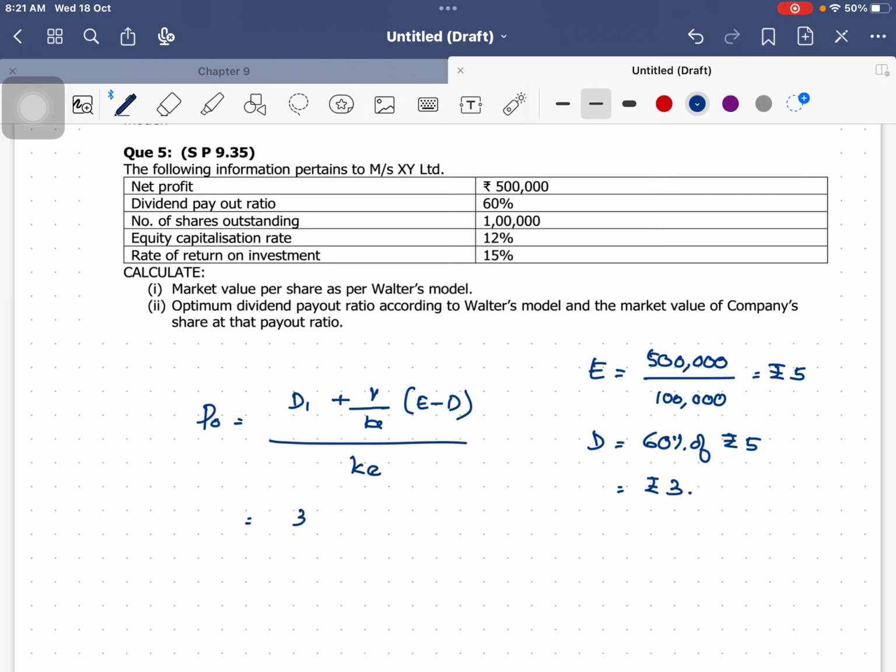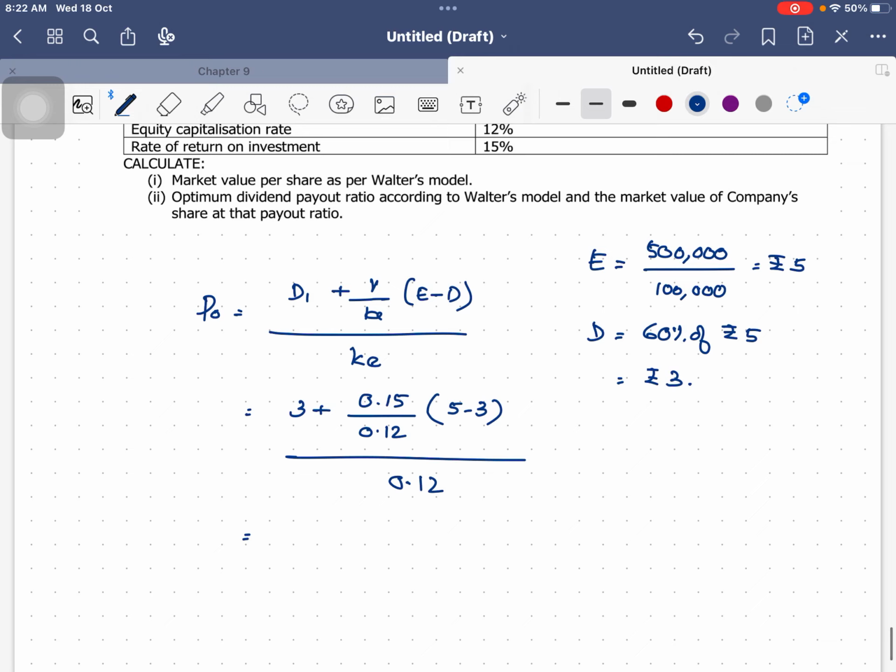So this is 3 plus 0.15 divided by 0.12, into 5 minus 3, divided by 0.12. 5 minus 3 is 2, so 0.15 into 2 is 0.3, divided by 0.12 is 2.5. So 3 plus 2.5, that is 5.5 divided by 0.12, equal to rupees 45.83. This is the value.